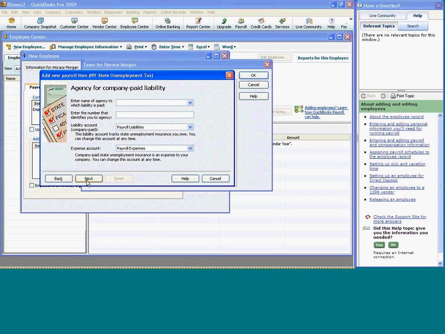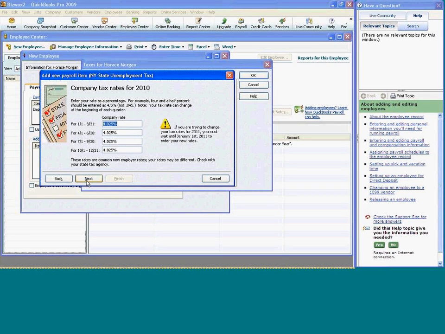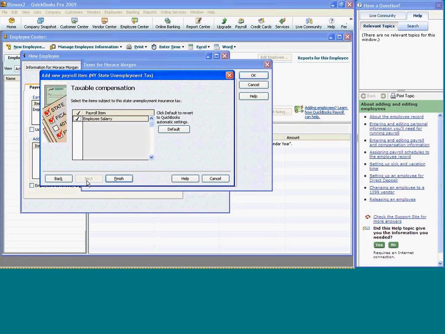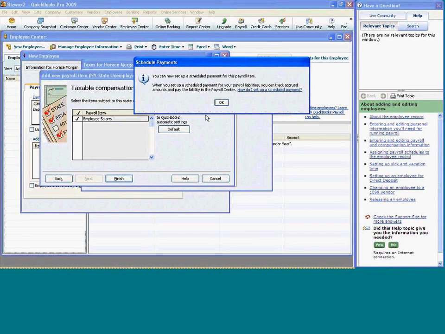Okay, and company tax rates over there. This is for the state unemployment. So this is all now set up. Employee salary, finish. You now have set up a payroll, and so you can track the amount to pay in the payroll center, and that's over there. So that's been done.